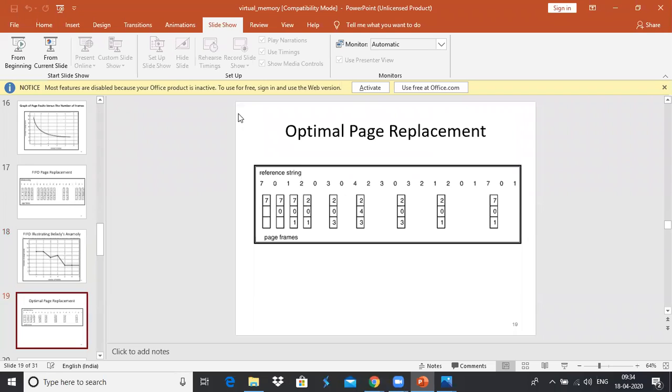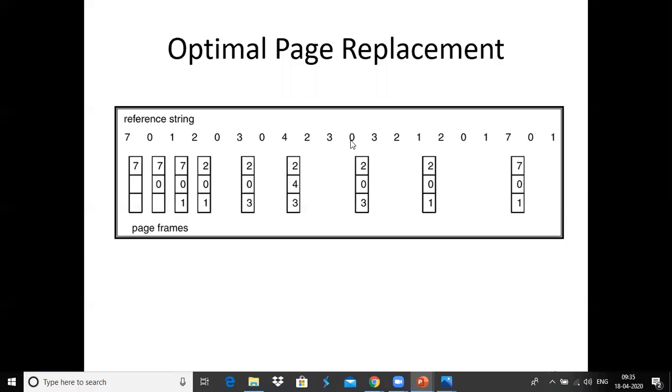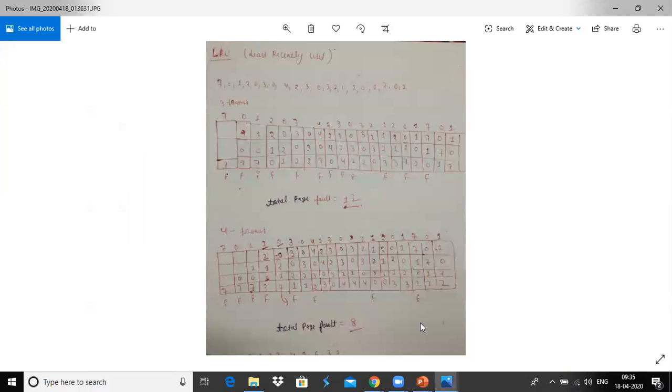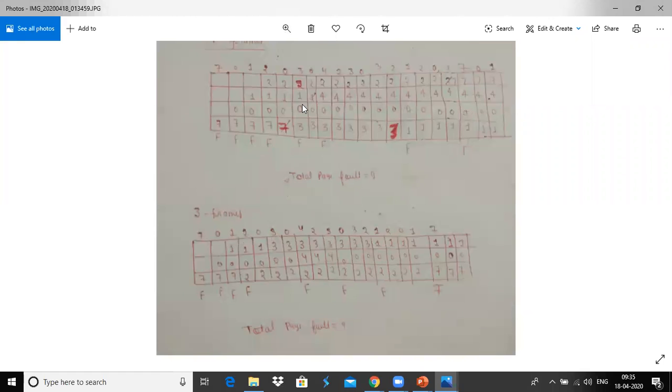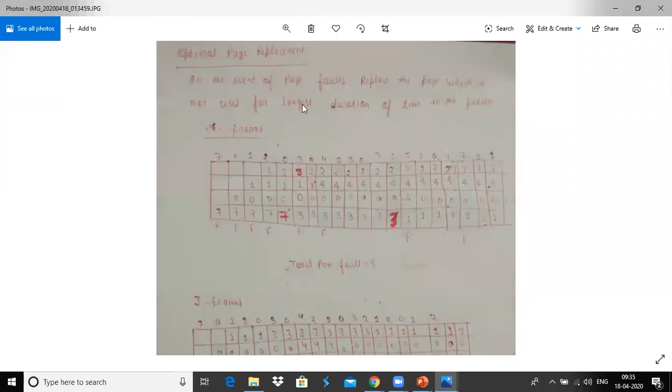Now we are seeing the next page replacement algorithm, that is known as the optimal page replacement algorithm. The optimal page replacement algorithm is saying that in the event of a page fault, replace the page which is not used for the longest duration of time in the future.